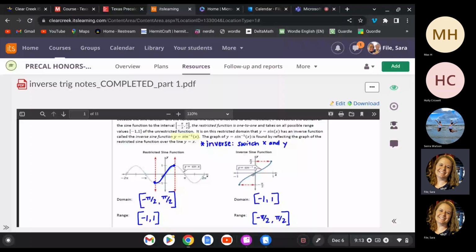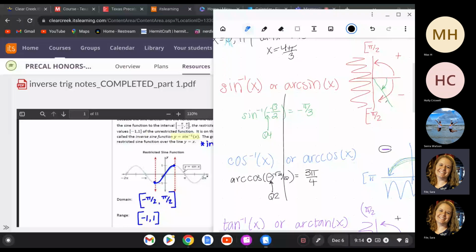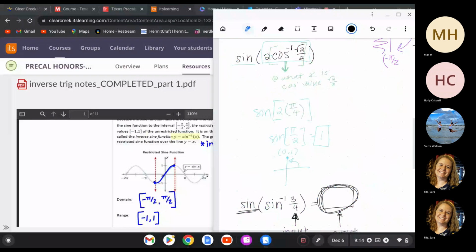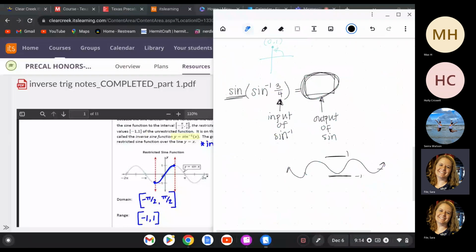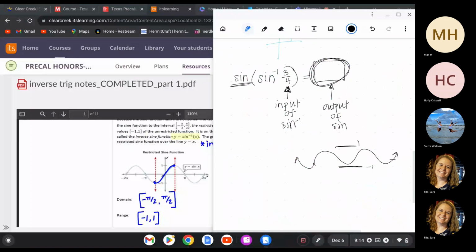So as long as that's the case, then yes, those are going to cancel each other out. So here in this problem, that input, 3/4, that's between -1 and 1. It checks that box. So yes, those can simply cancel each other out, and my answer is 3/4.